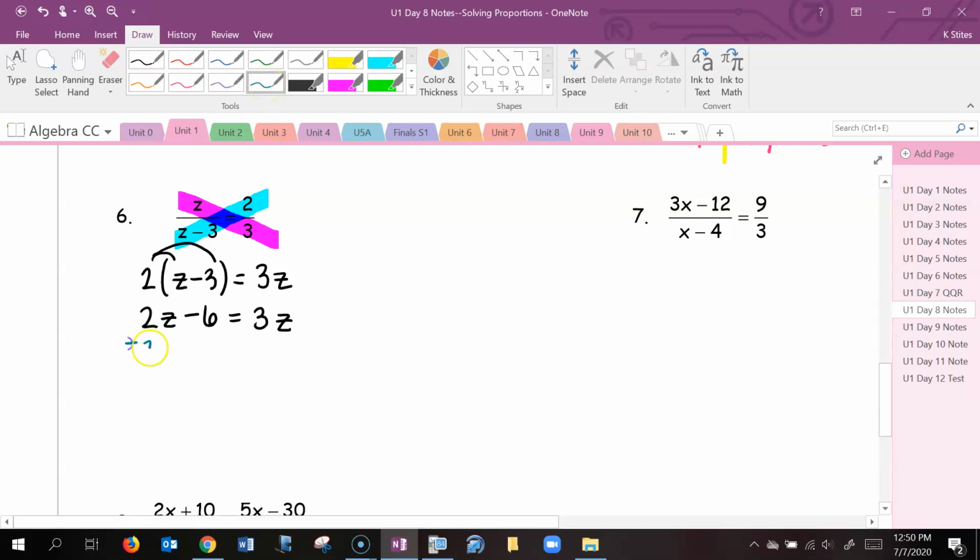So I will subtract my 2z over, because that's my smaller one. Bring down my -6. 3z minus 2z is just 1z. And again, we've seen this before. If you want to divide by 1 on both sides, you can, but you're just going to get the same thing. You should get -6 as your answer.